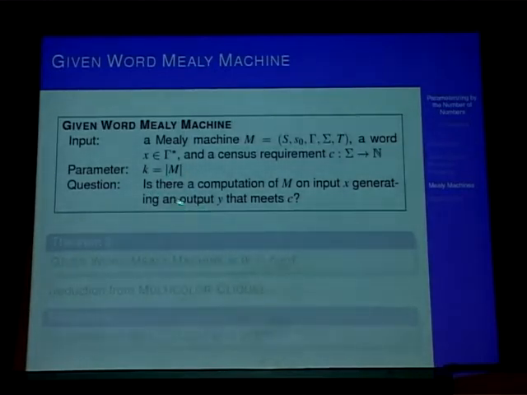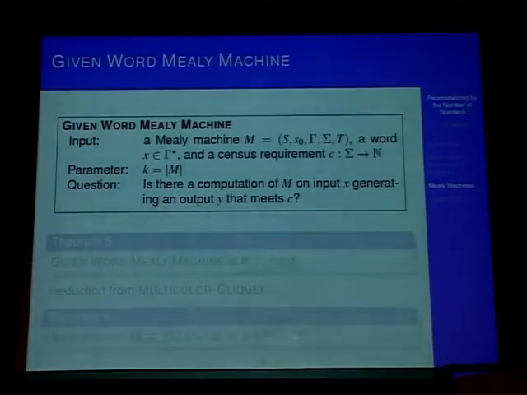And the question is whether there exists a computation of this machine on the given input word, generating an output word that meets the census requirement. So we're given a Mealy machine, an input word, and we ask, can you make it run in such a manner that the output word writes A this number of times, B this number of times, etc.